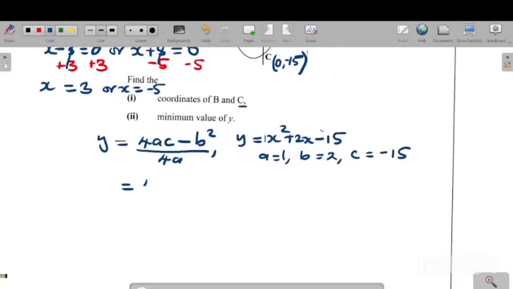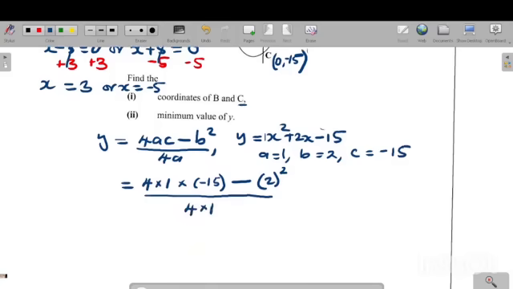Okay, so we're going to have 4 times A is 1 times 1 times C is negative 15. Then minus B is what? B is a 2 and it's being squared. Then all over 4 times 1. A is 1 here. Okay?